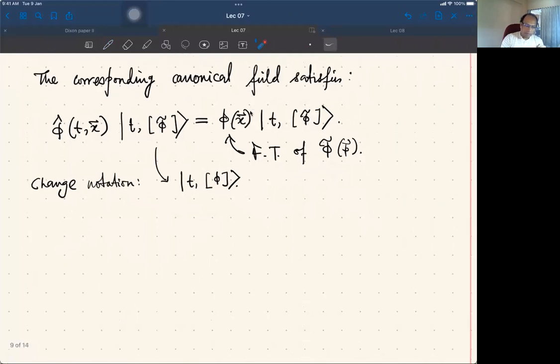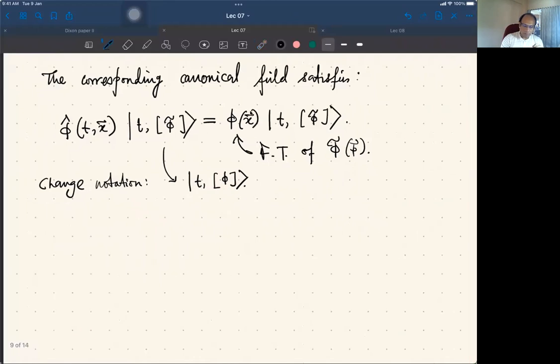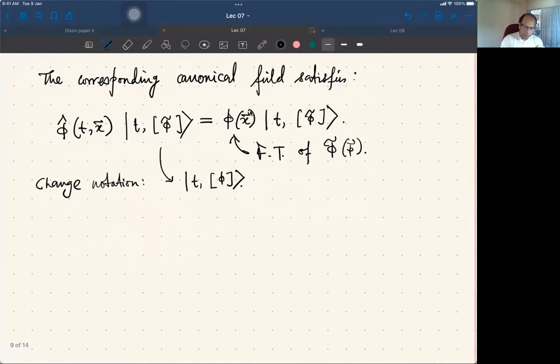Okay. So now, armed with these notations and definitions, we finally arrive at a path integral statement in QFT.